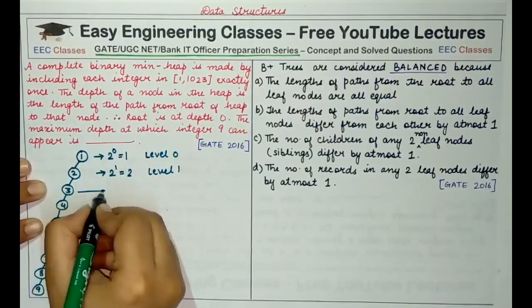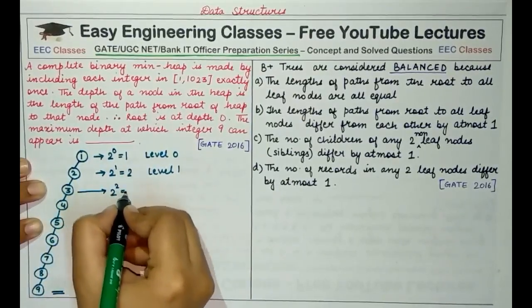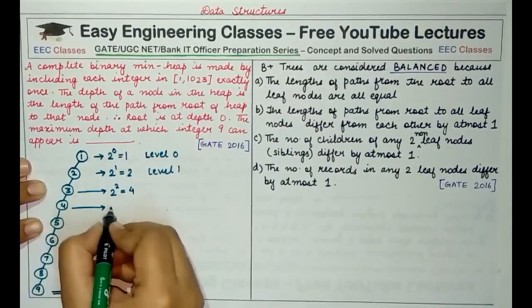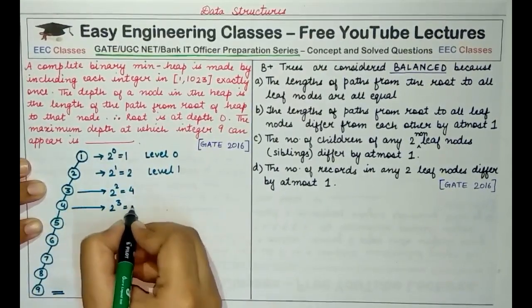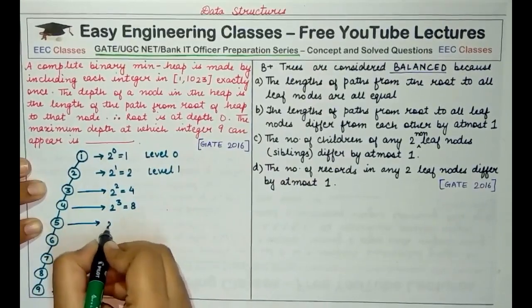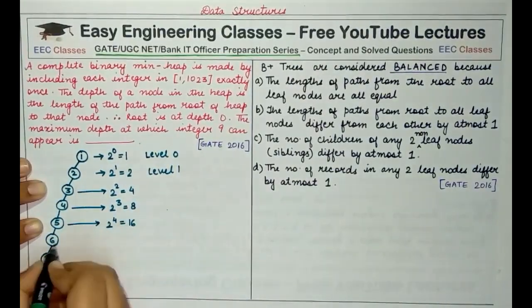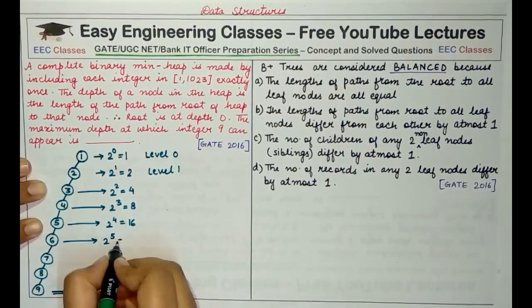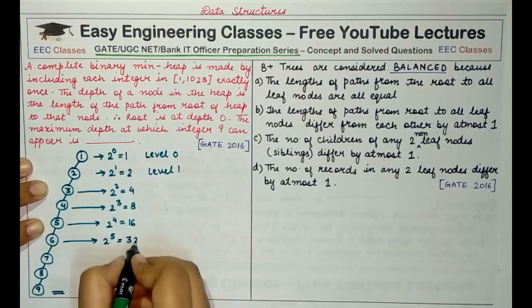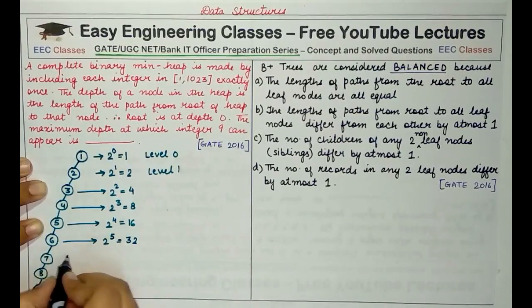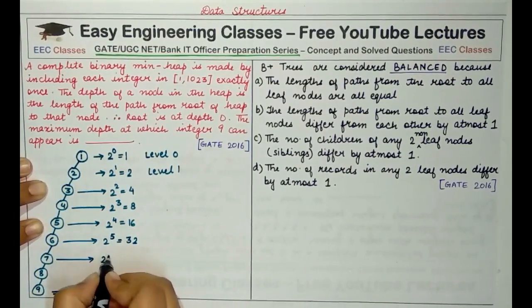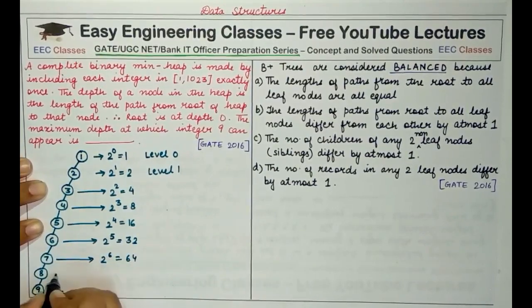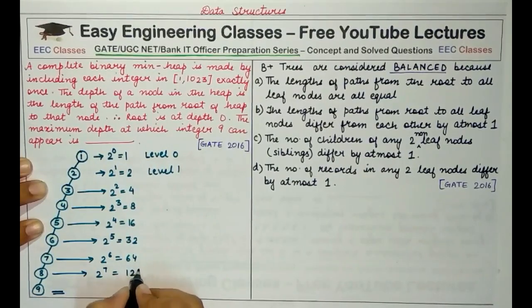This is level 2, level 3, level 4, then level 6, level 7, and level 8.